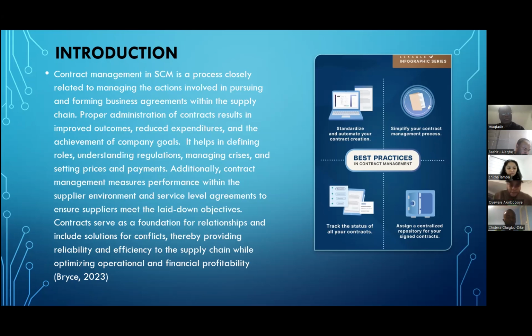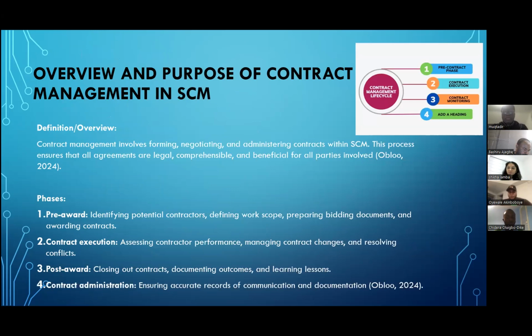I'll be talking about the overview of contract management in supply chain. Contract management involves forming, negotiating, and administering contracts within the supply chain. The process ensures that all agreements are legal, comprehensible, and beneficial for all parties involved. The phases: pre-award, which helps in identifying potential contractors, defining work scope, preparing bidding documents, and awarding contracts.